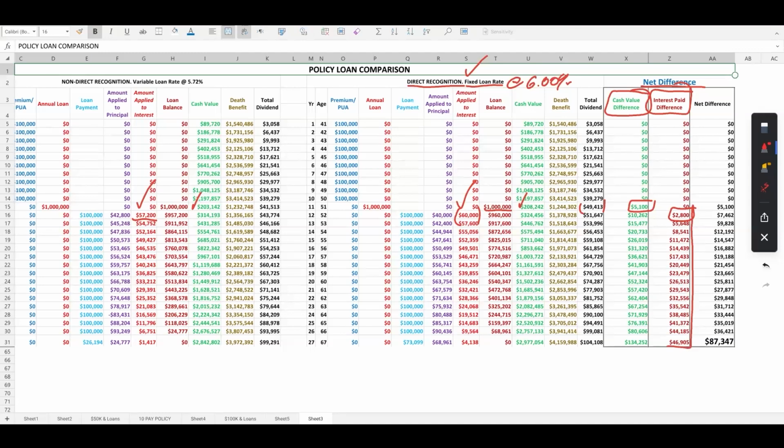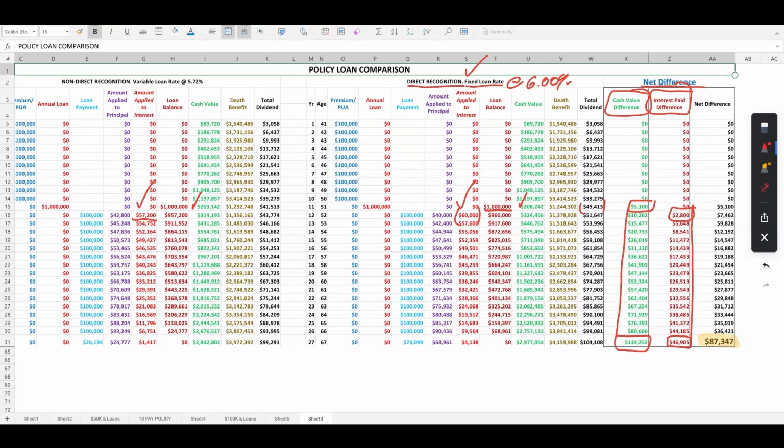So when that loan is repaid, what's the net difference? You paid about an additional $47,000 in loan interest. However, how much more do you have in cash value? $134,000. What's the net difference? We'll highlight this in yellow. $87,000 in change.